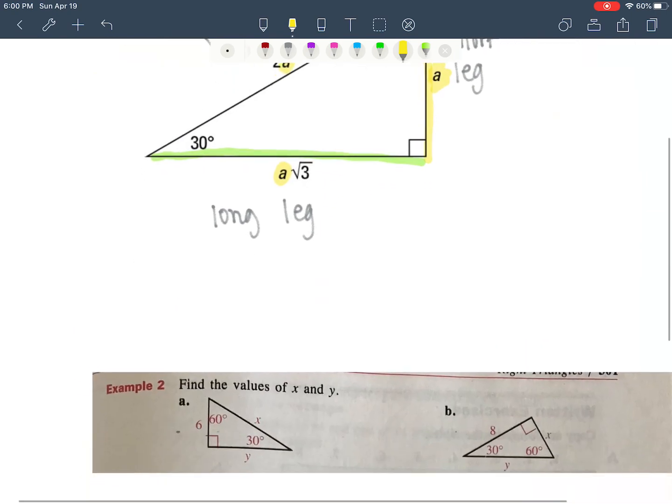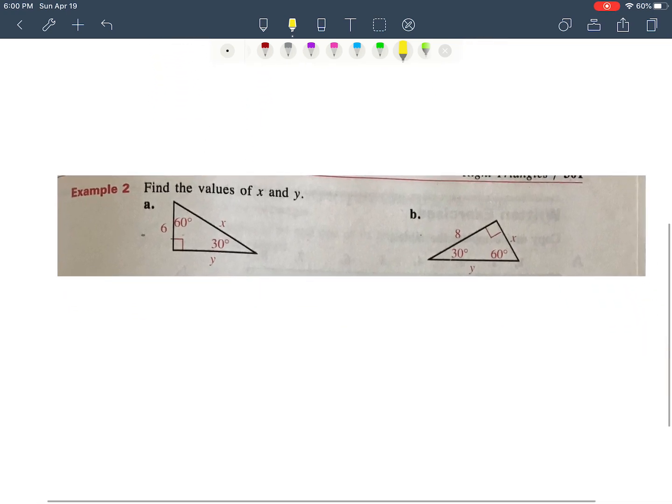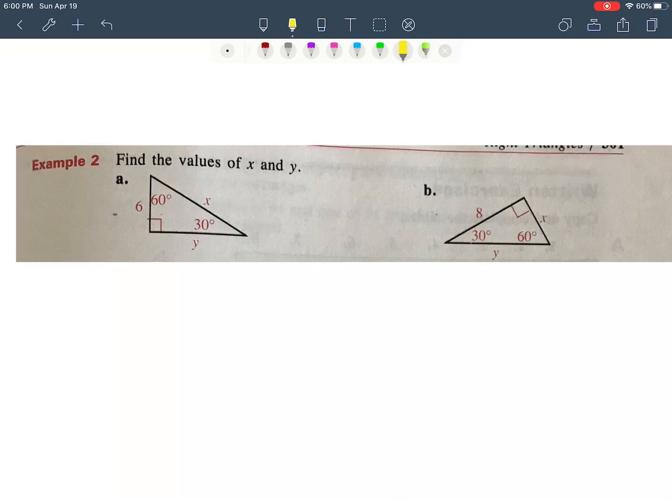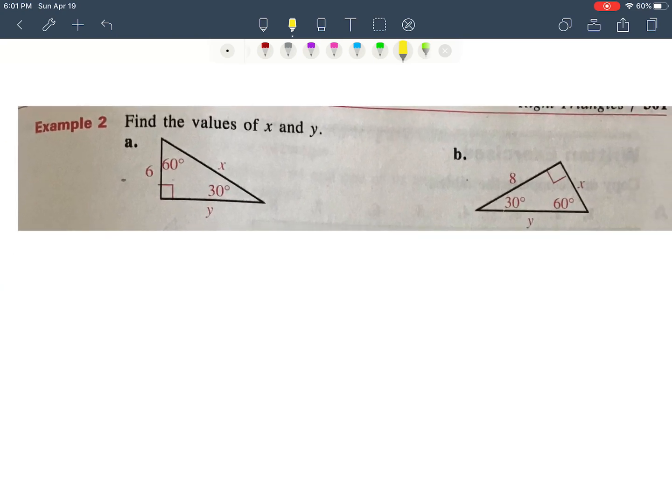So here we've got our first example. We want to find the values of x and y, and we're given a 30, 60, 90 triangle. I'm going to redraw it because when I redraw it, it helps me think about things.